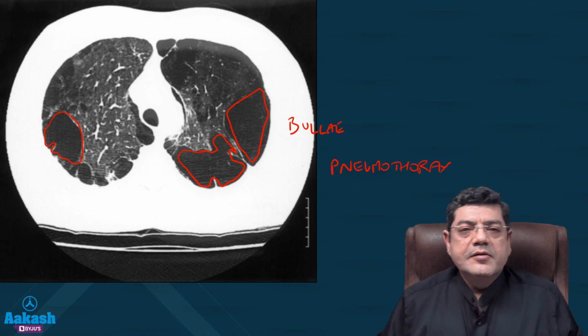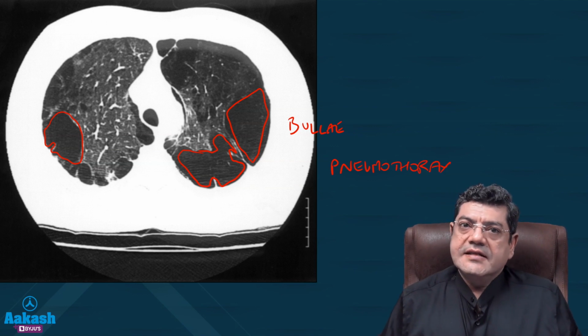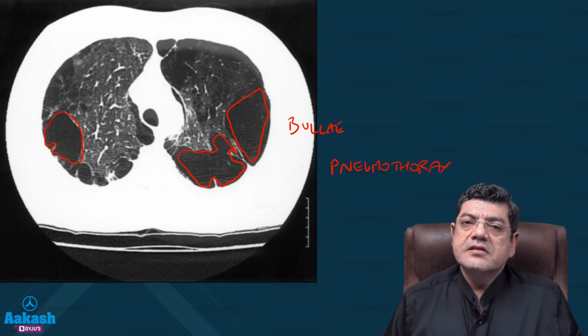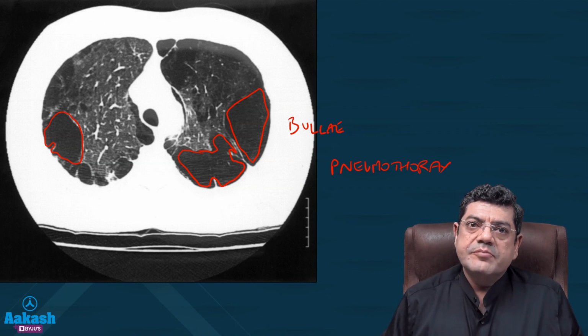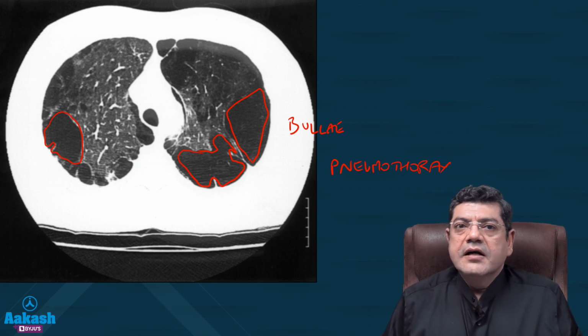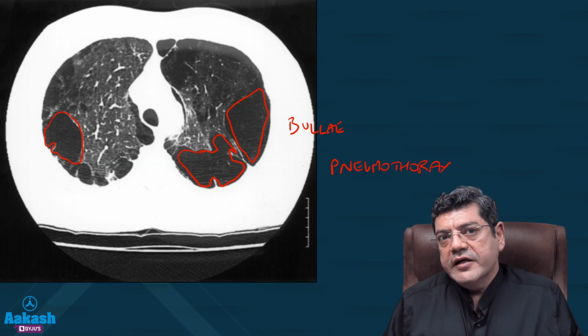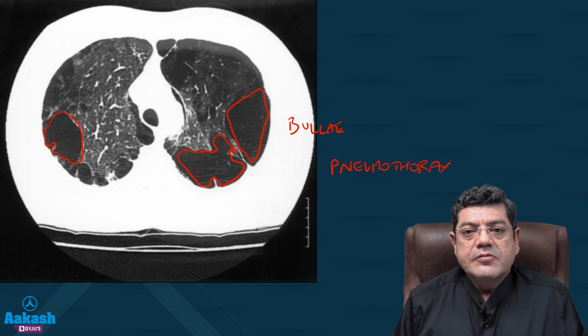So the CT helps to tell you what is the extent of emphysema, what is the distribution of emphysema, is it predominantly upper lobe, is it predominantly lower lobe, is there a segment of the lung. When we go to treatment, you will discuss lung volume reduction surgery, right?